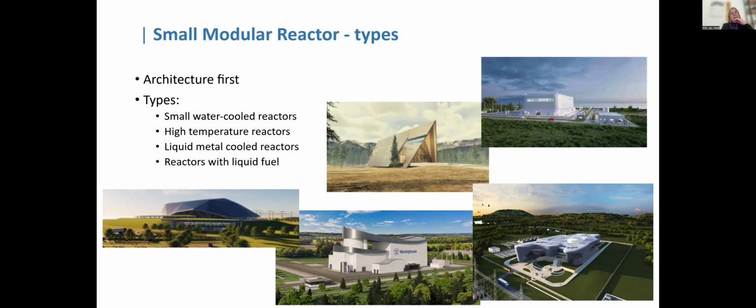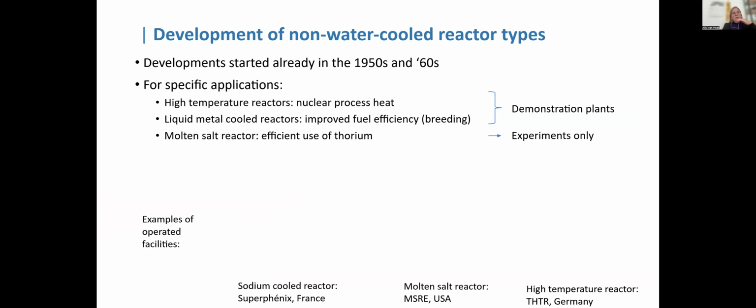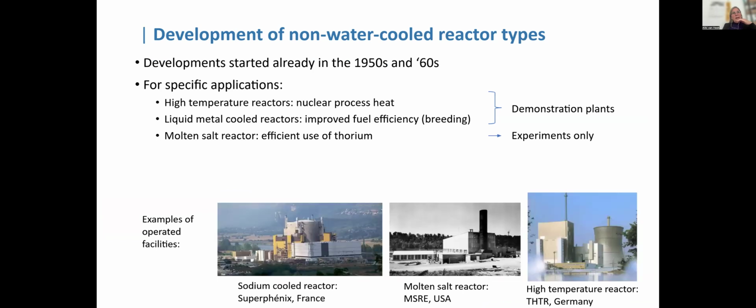They're the 3 categories: high temperature reactors, liquid metal cooled reactors, and reactors with liquid fuel. I will dive into them with the next few slides. Sometimes with SMR, only the water cooled type is meant, and the others are also called AMR, advanced modular reactors. And I will now briefly explain the other reactor types.